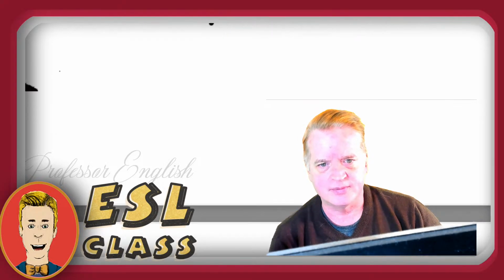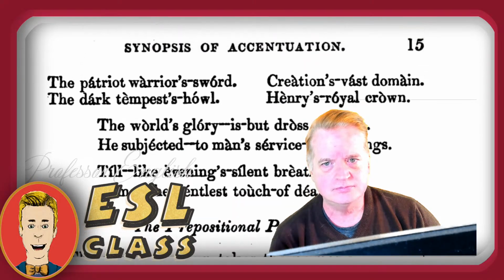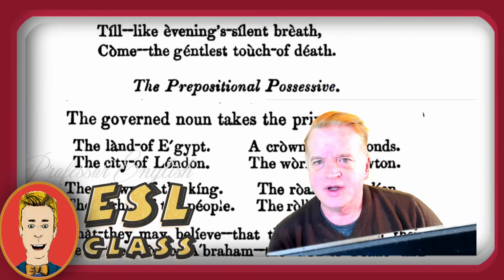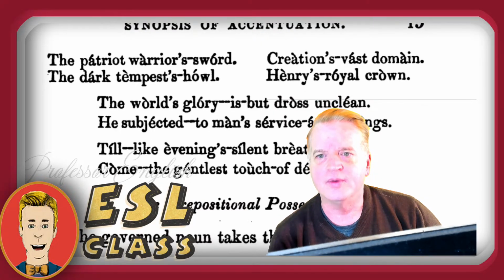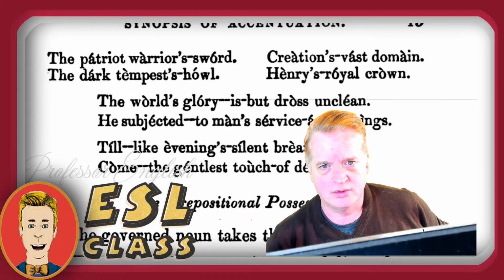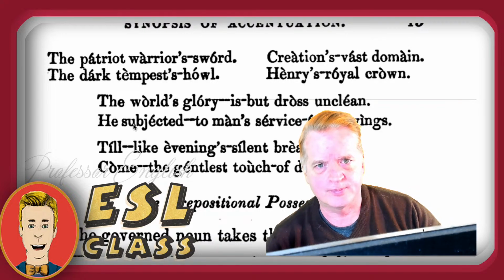Burns' Poems. No, there's no more information here. And then we get to the Patriot Warrior's Sword. The Dark Tempest's Howl. Creation of the Vast Domain. Henry's Royal Crown.